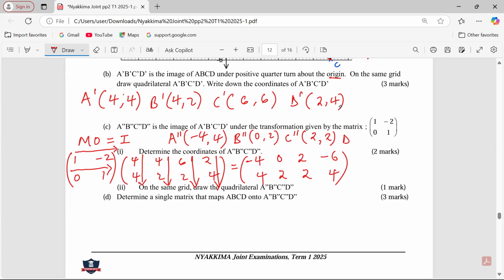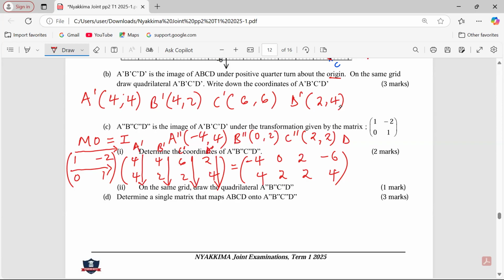And D, actually, let's see C double prime. I think C double prime, we need to confirm this coordinate. You know, this was A prime, B prime, C prime, and D prime.